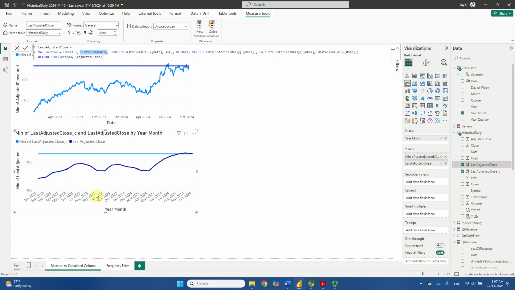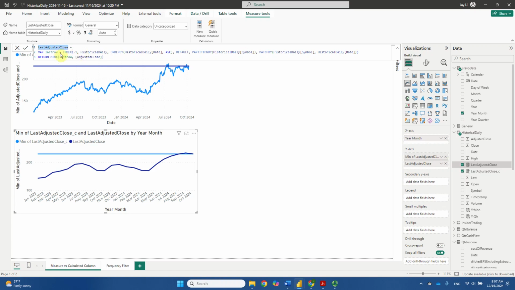We can use different months as a filter context to influence how this measure is going to show up for different time periods. As I said, for May 2023, this particular data period is going to serve as a filter so that in this measure, Power BI is only going to work on data related to May 2023.